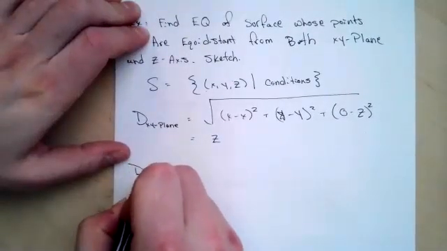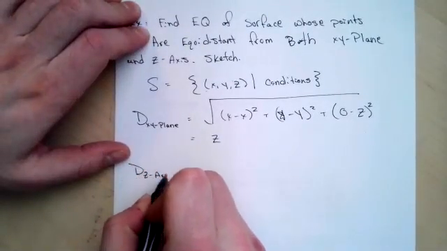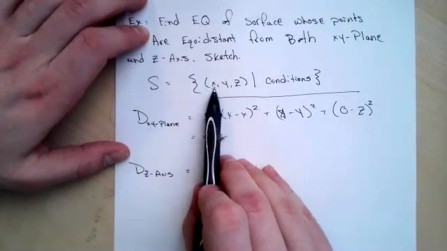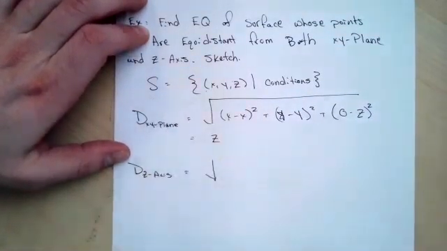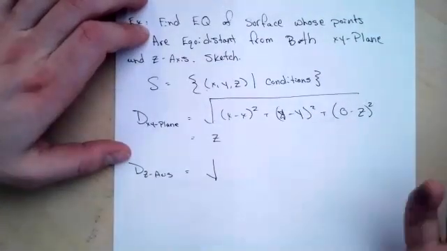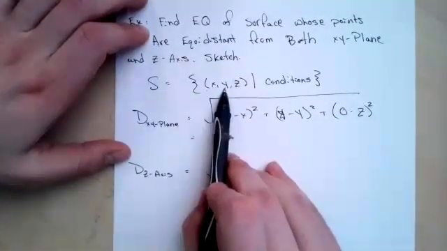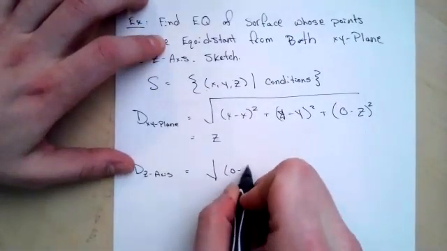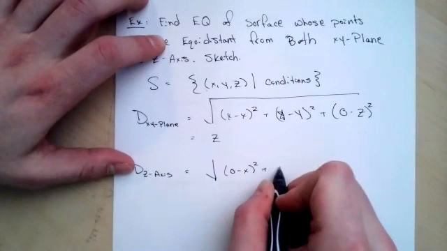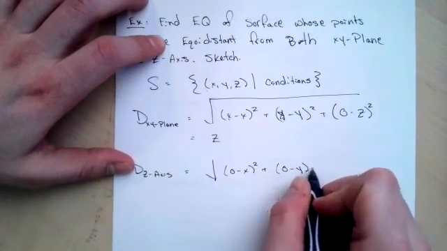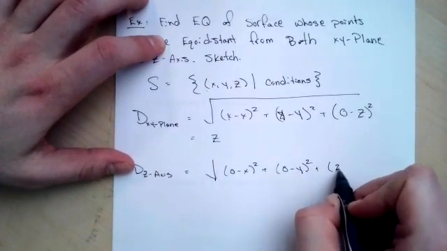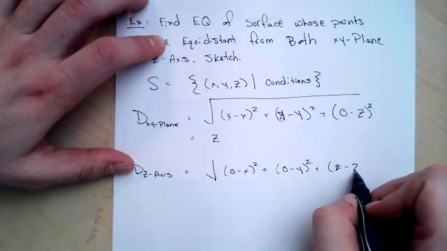Likewise, the distance to the z-axis: if I have a point (x, y, z) on this surface and then walk to the z-axis, what point are we going to hit? We're going to hit (0, 0, z). In other words, our change in x is going to be x, our change in y is going to be y, and the change in z stays within that plane, so it's going to be 0.